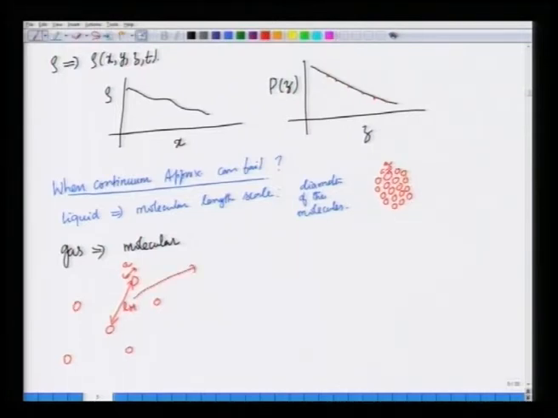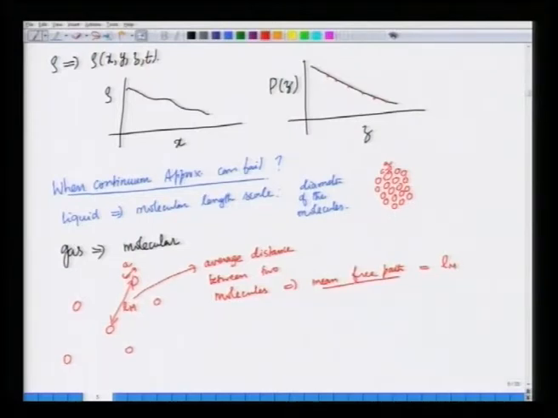This is the average distance between two molecules before they collide. This is called the mean free path. So this is the average distance a molecule travels before it collides with some other molecule. This is denoted as Lm, and this becomes the relevant molecular scale.